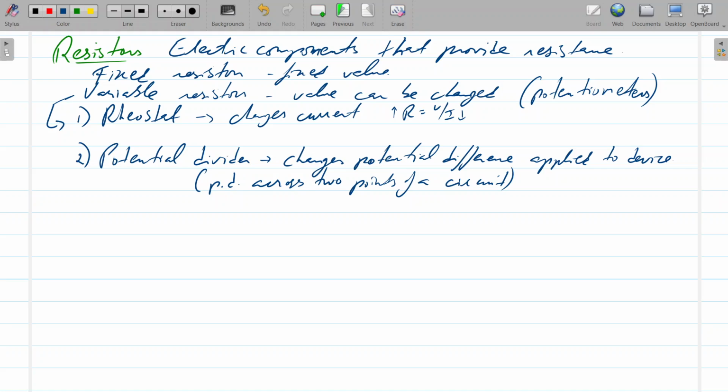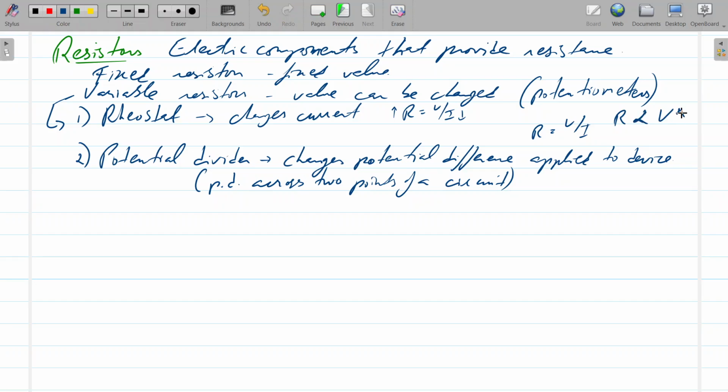And so again, R equals V over I. And so if you decrease voltage, right, you're increasing resistance. Sorry, my bad. No, no, it's directly proportional.